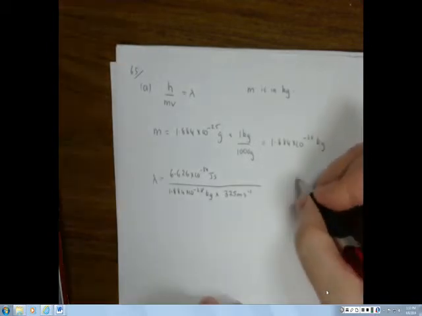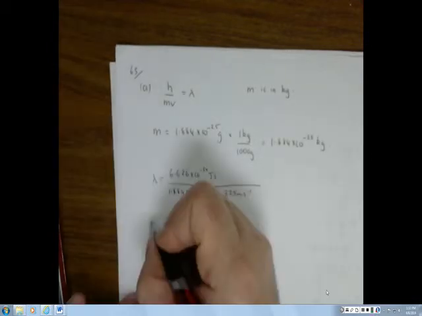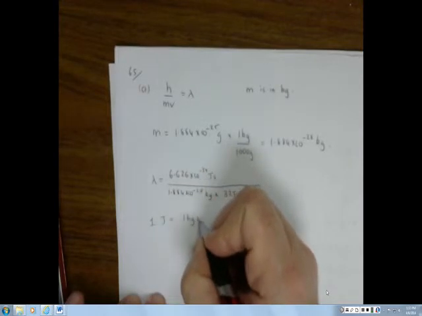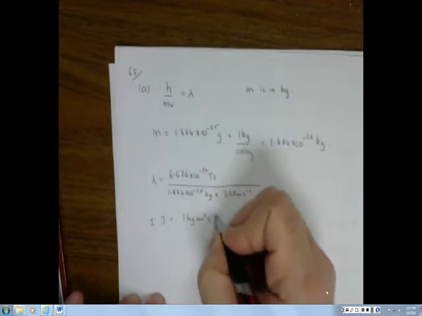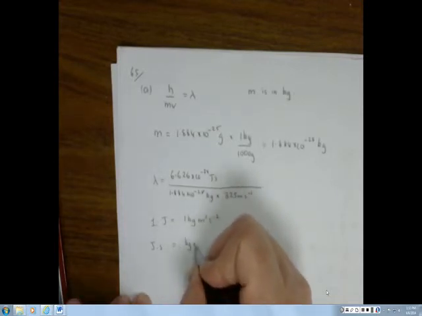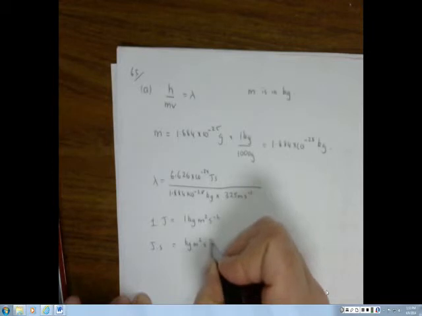Now the thing to keep in mind is 1 joule equals 1 kilogram meters squared second to the minus 2. So Planck's constant has units of joule seconds, so that's going to have units of kilograms meters squared second to the minus 1.